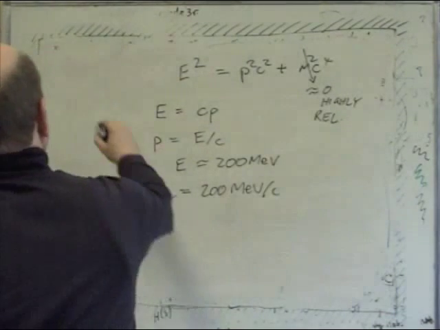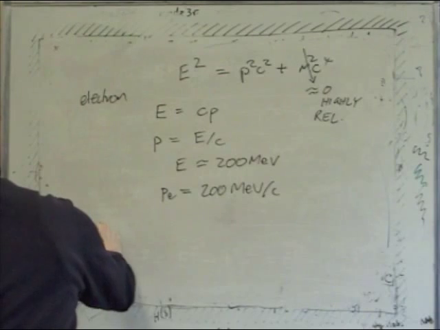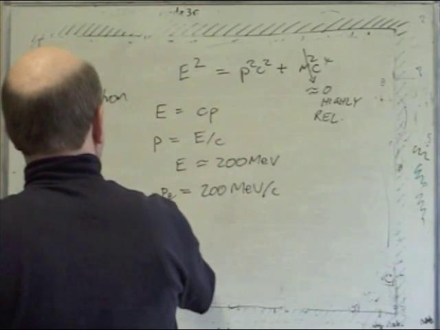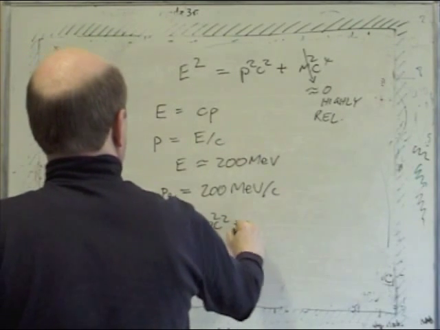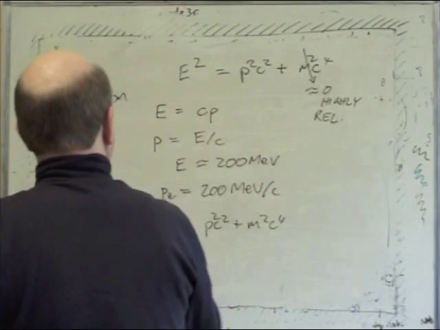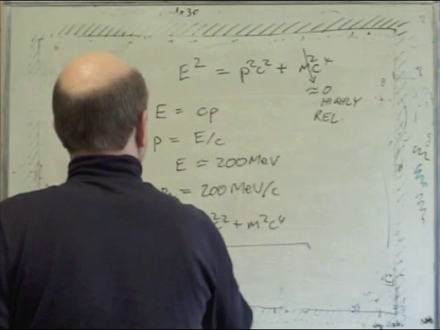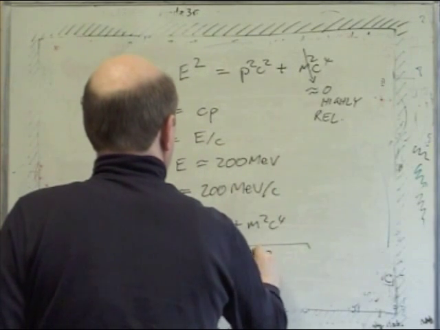Now for the proton, this was the electron, we can't neglect the rest energy. So we have E squared equals P squared C squared plus M squared C to the fourth. So that Pc is the square root of the total energy squared minus mc squared squared.